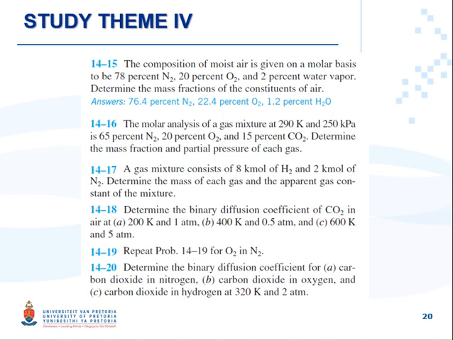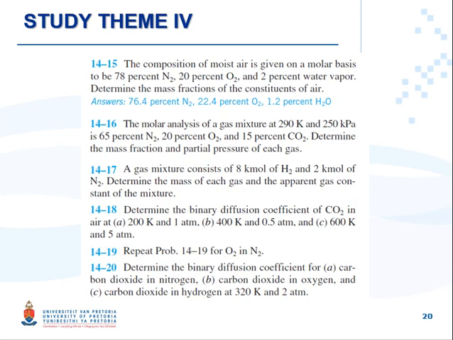The composition of moist air is given on a molar base to be 78% nitrogen, 20% oxygen, and 2% water vapor. Determine the mass fraction of the constituents of air. Okay, how are we going to calculate that?